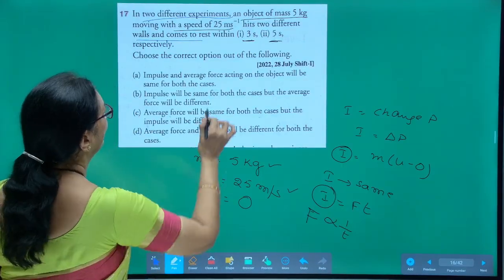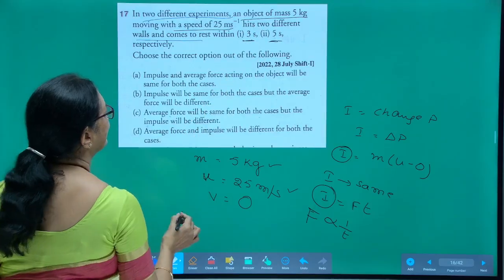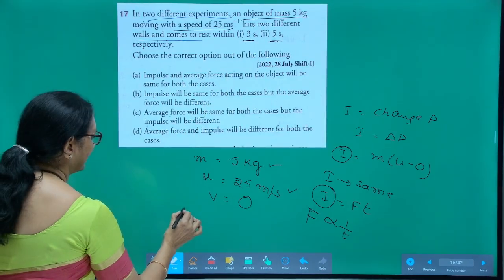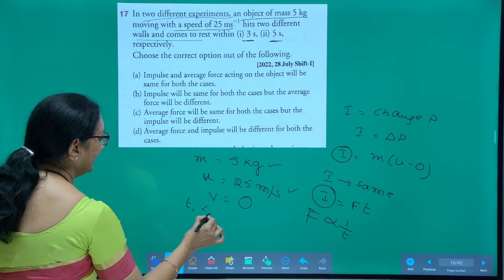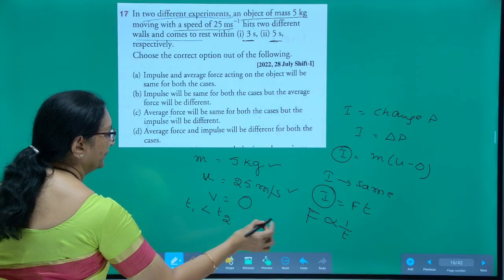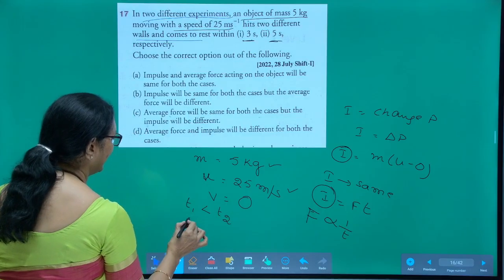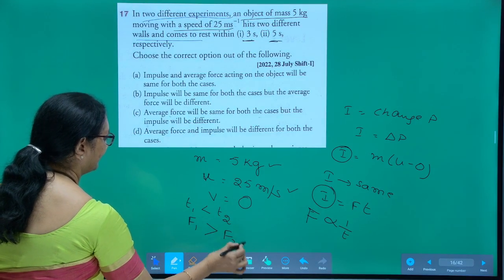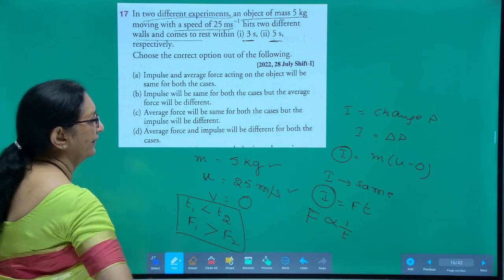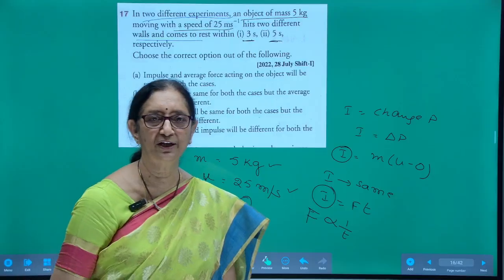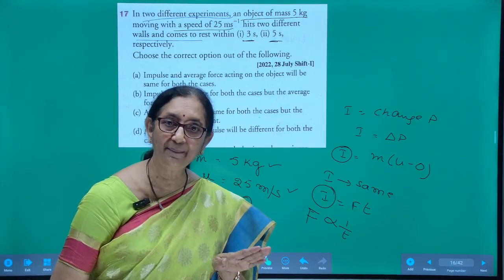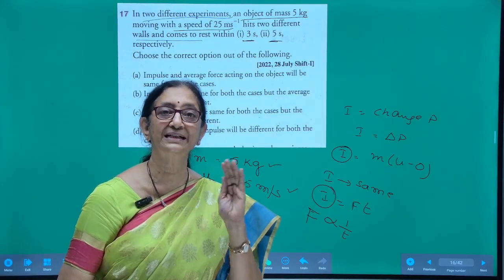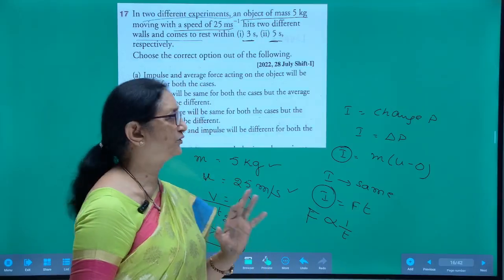Here T1 is 3 seconds, T2 is 5 seconds. T1 is less than T2. As force is inversely proportional, F1 is greater than F2. So the answer is: impulse is same in both cases, force is different in the two cases.